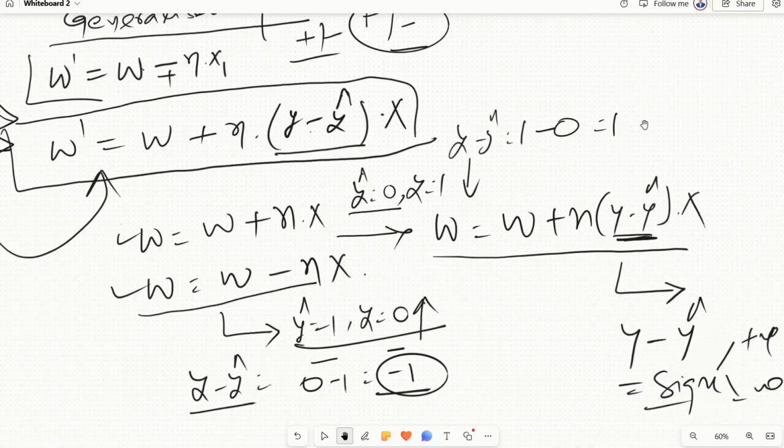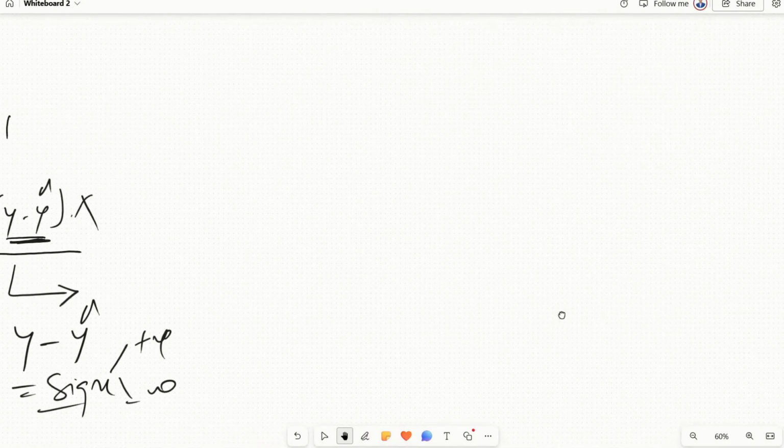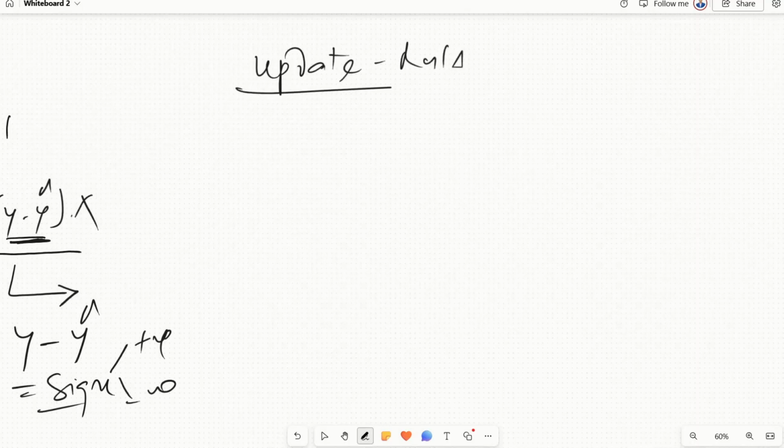So this is called the update rule. You just have to remember what the update rule is. After this discussion, we find that my update rule is how to change my weight, because this is a part of training.